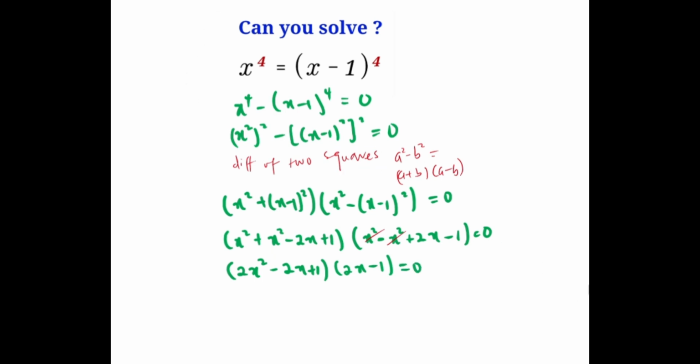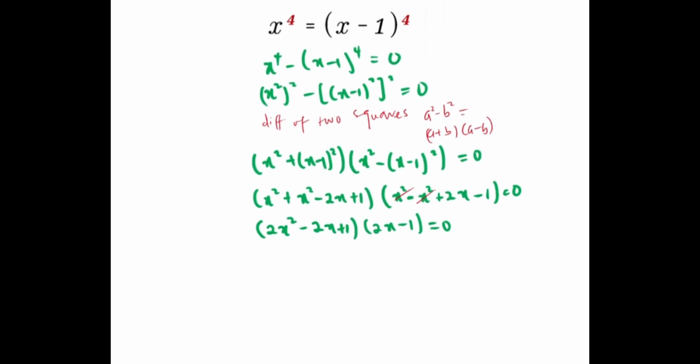So with this, we can have that 2x minus 1 equals 0. That's the first. And also, it can be 2x squared minus 2x plus 1 equals 0.